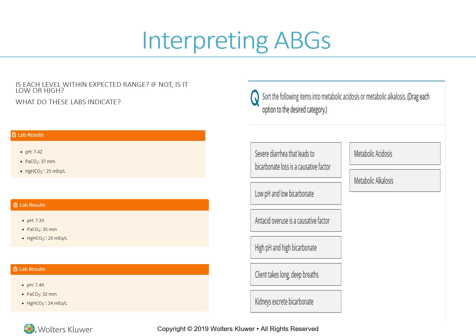You can't actually drag on this slide, but you can put these in categories, whether the column on the left is metabolic acidosis or metabolic alkalosis. I'm going to post the answer to this probably tomorrow afternoon. So I'll give you a chance to do this on the slide, and then I will have this posted in your announcement so that you'll know what the answers to these questions are. This is a little bit of practice for ABGs.